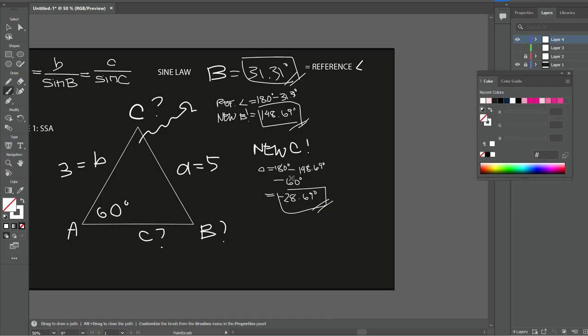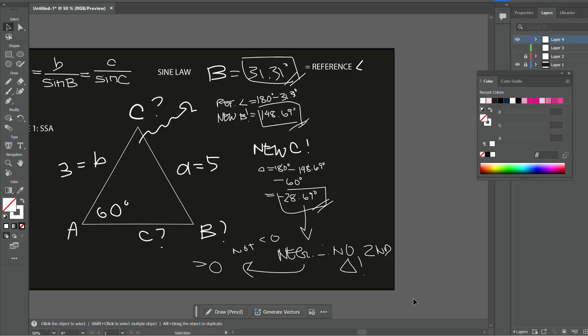Now, since this one is negative, there's no second triangle, because in order to qualify for a second triangle, it has to be positive, not negative. Therefore, no second triangle.